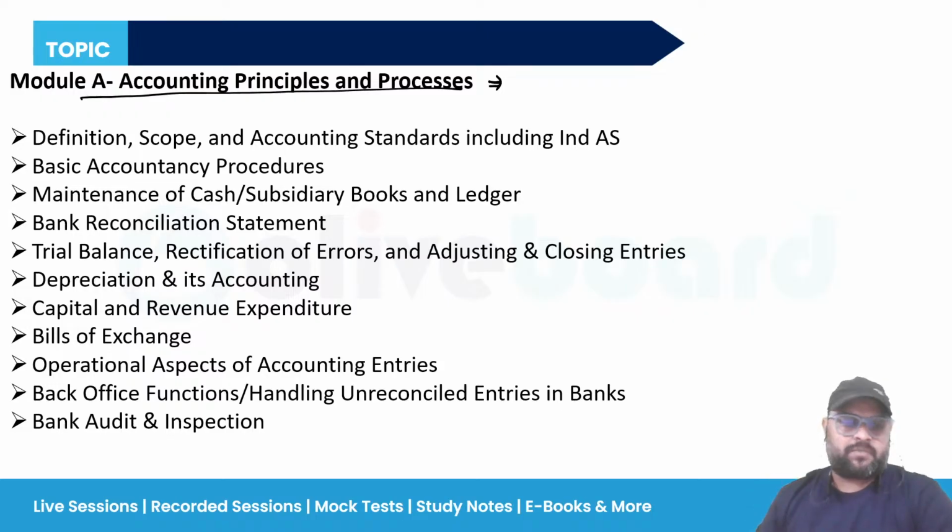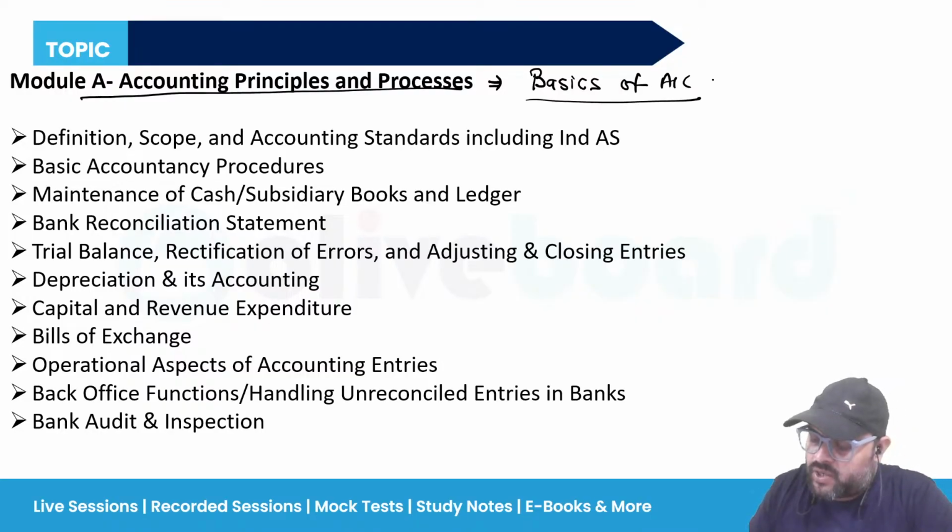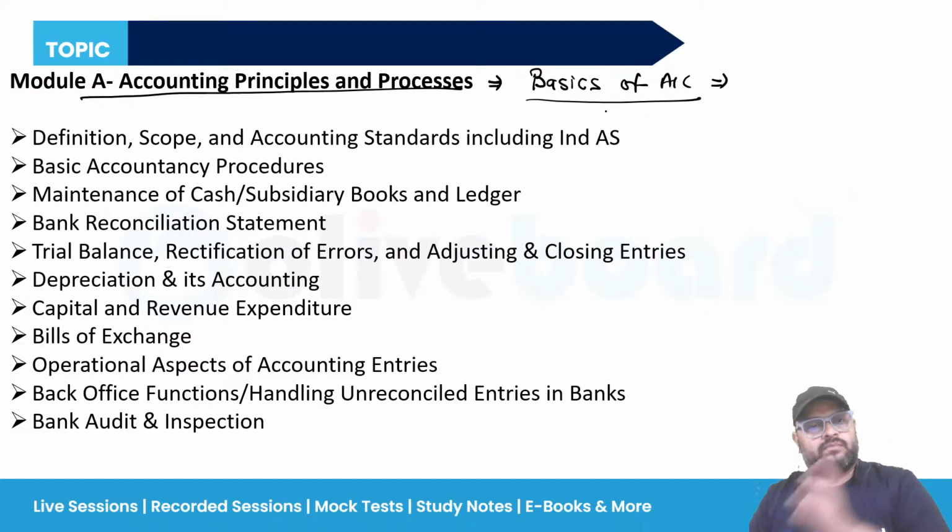So accounting principles and processes, this particular module is all about the basics of accounting. The nature of this module is that there will be two or three types of questions, or two or three types of concepts in this.